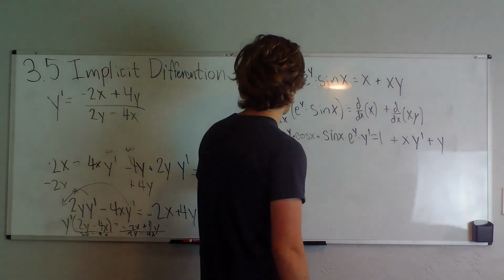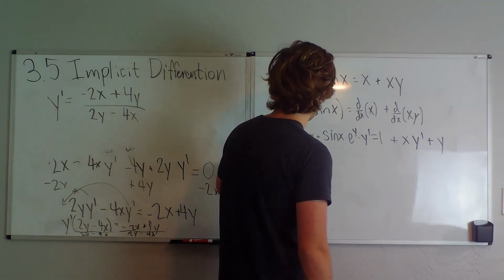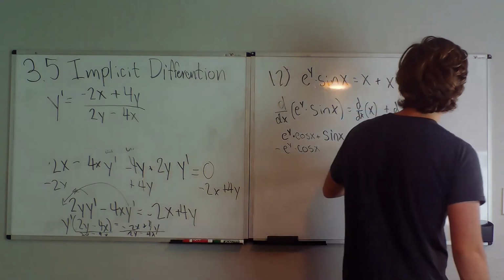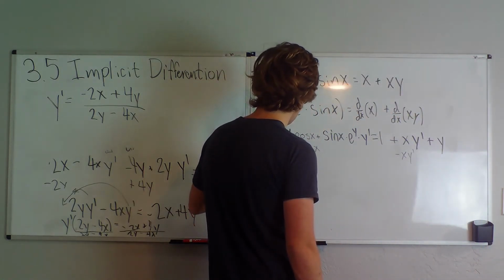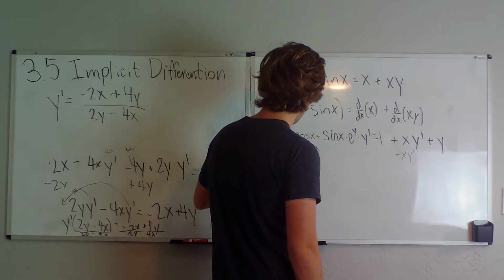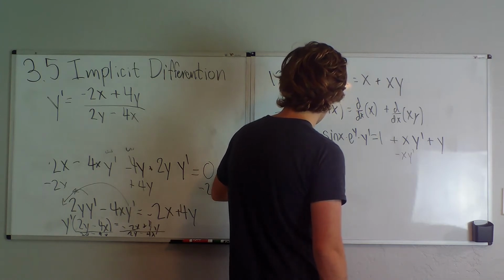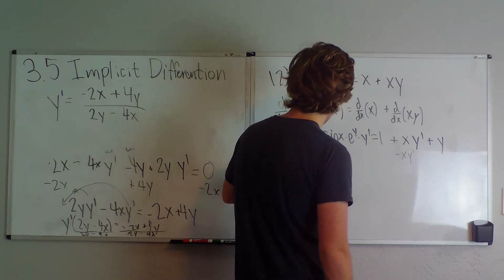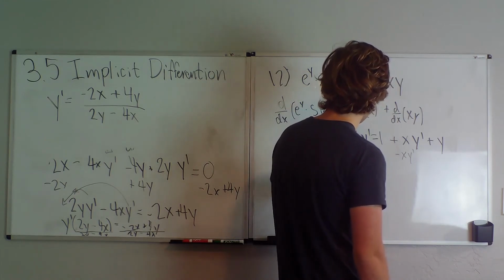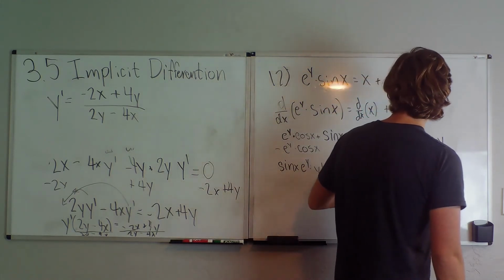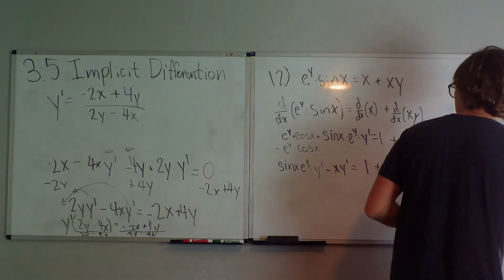Okay, and then as we do, we solve for y prime. So how are we going to do that? We're going to subtract an e to the y times cosine x. We're going to subtract an x y prime, and we get sine x e to the y times y prime minus xy prime is equal to 1 plus y minus e to the y cosine x.